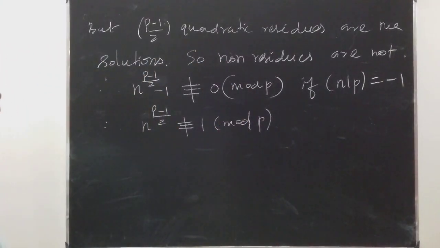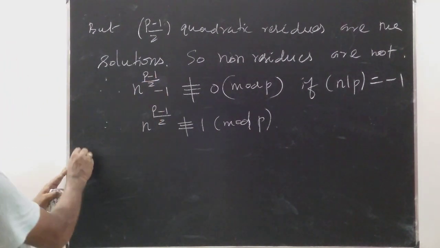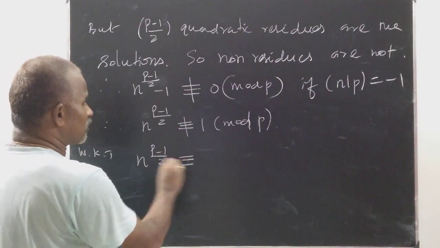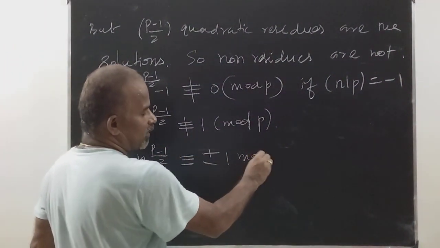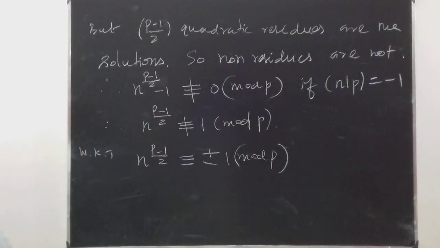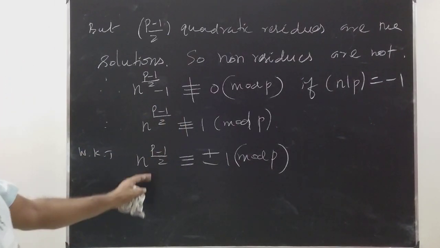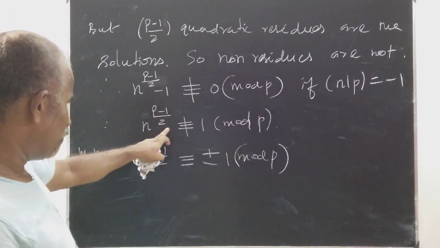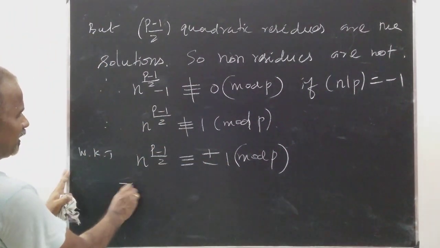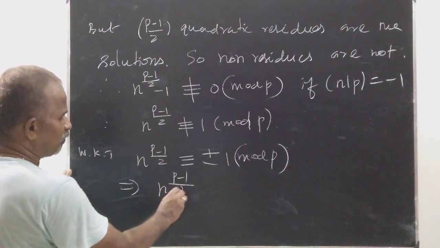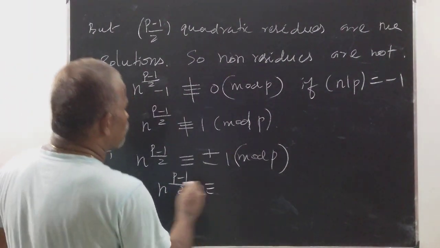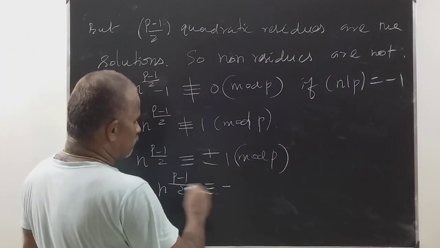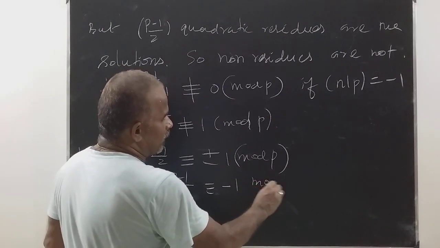So we know that n^((p-1)/2) is always congruent to plus or minus 1 mod p, which we proved earlier. But n^((p-1)/2) is not congruent to 1. So definitely this is congruent to minus 1 mod p.